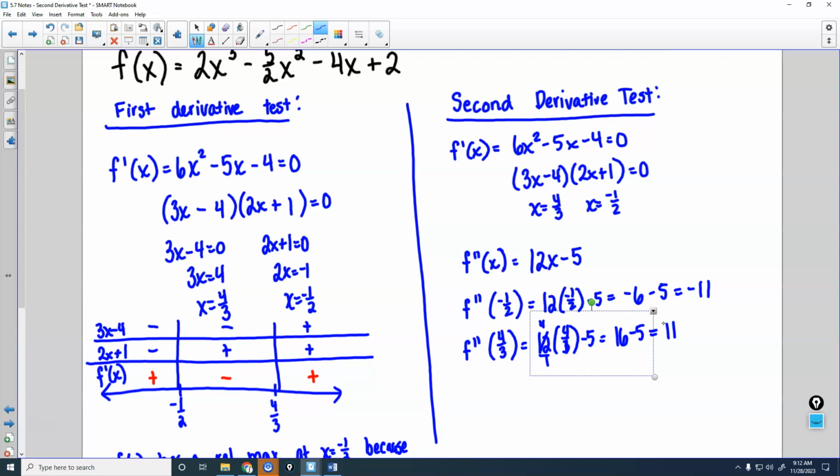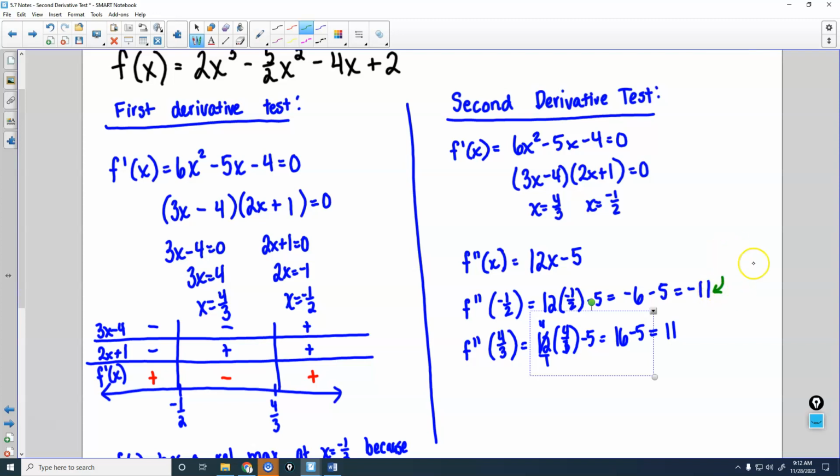So what this is telling us is that at 4/3 and negative 1/2, we have a horizontal tangent because our derivative is 0. Our second derivative, if I have a second derivative of negative 11 at that point, what does that tell us about the original graph? What does second derivative tell us about the original graph?